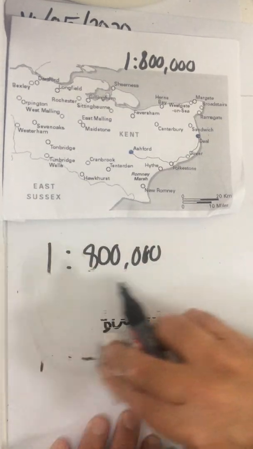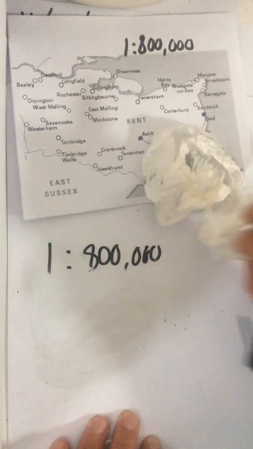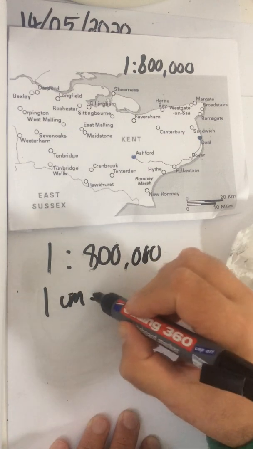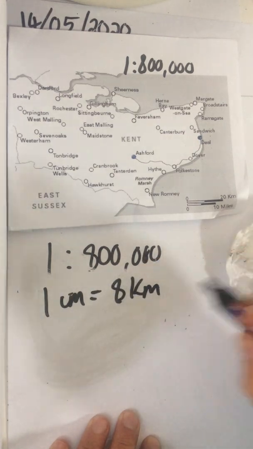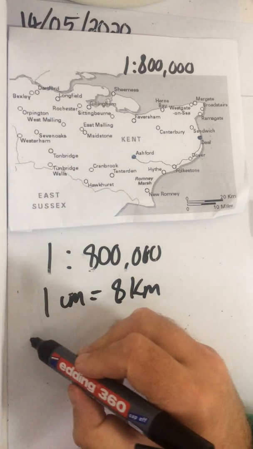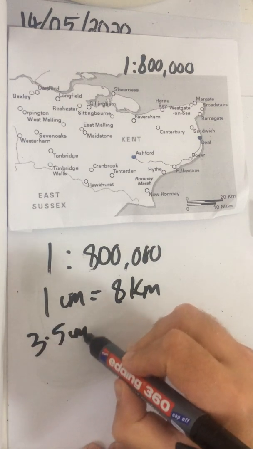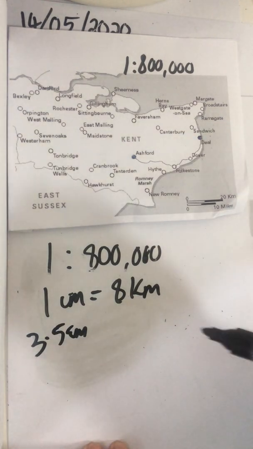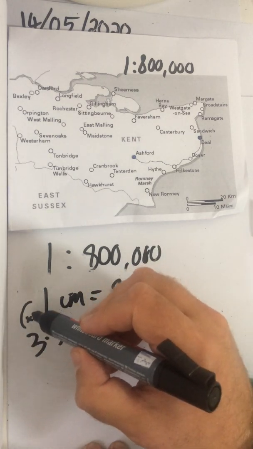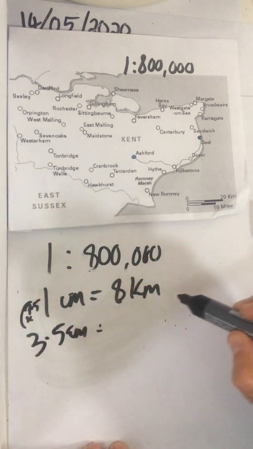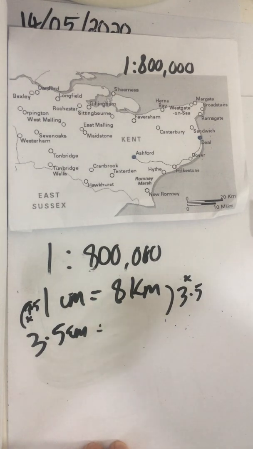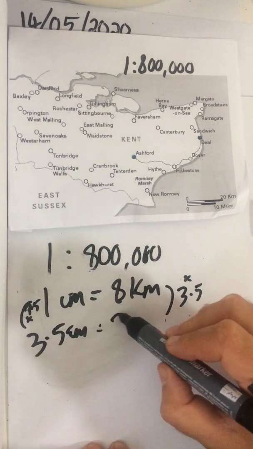So from that initial ratio I've got 1 centimeter is equal to 8 kilometers, and from there it becomes pretty straightforward. It's approximately 3.5 centimeters from Deal to Canterbury, so all I have to do is times that by 3.5, do the same on the other side, times by 3.5: 8, 16, 24, and 4, 28.